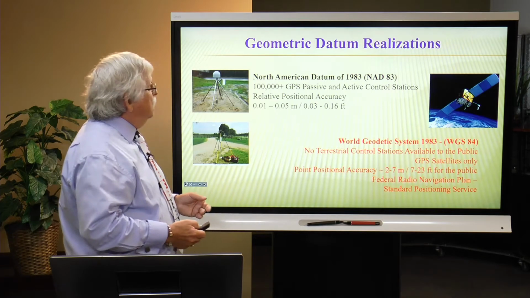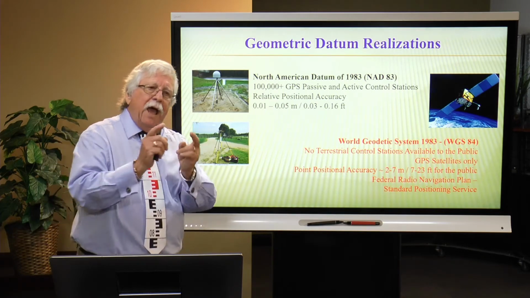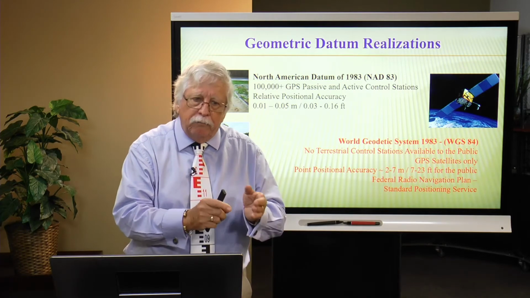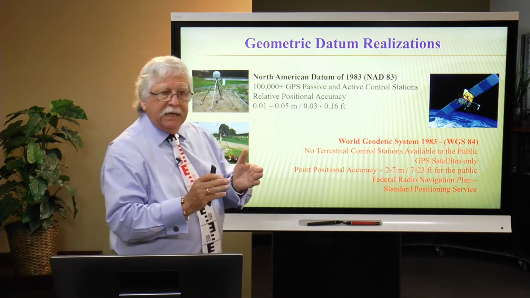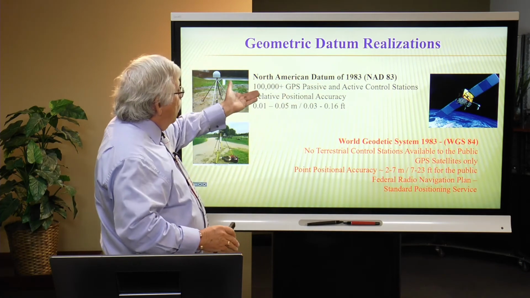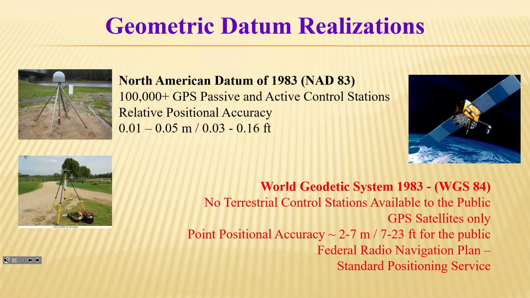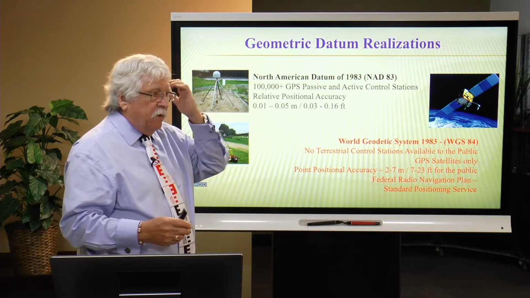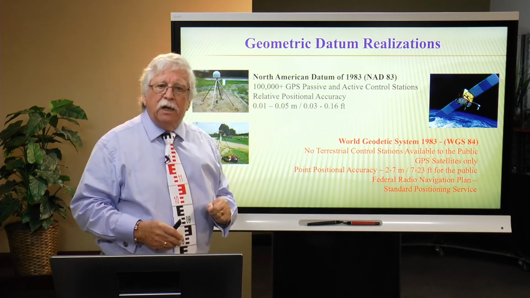So in looking at this, remember I said if you have a datum, then you have to have a realization. Well, let's look at that. For NAD83, there are over 100,000 GPS passive and active control stations. Passive stations are a survey mark in the ground, a brass marker in concrete or in bedrock or any number of different formations, or continuously operating reference stations.